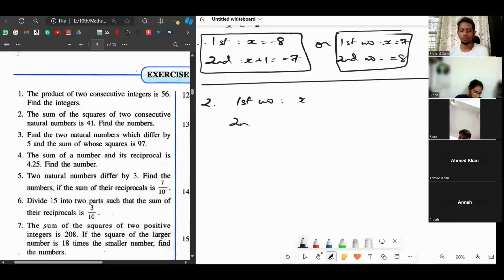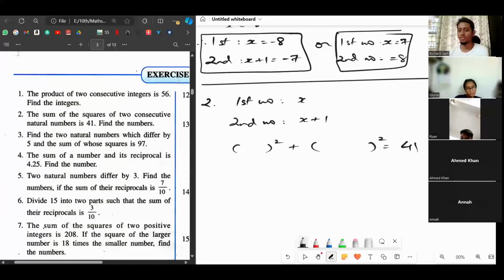Second number, x plus 1. Consecutive natural numbers, right? Now the sum of their squares: the first number square plus the second number square is 41.